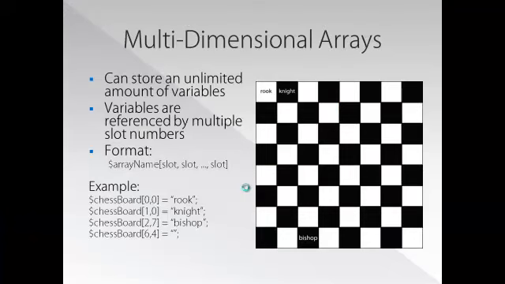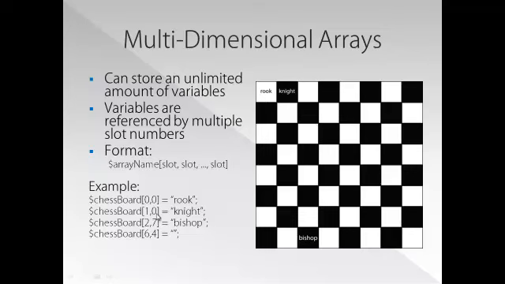In the next section, we're going to look at multidimensional arrays. Multidimensional arrays allow 2 slots to determine which variable is accessed. In the case of the first one, 0, 0, is defined as rook. In memory, this can somewhat be simulated as a chessboard, and rook will be placed in the top left-hand corner.